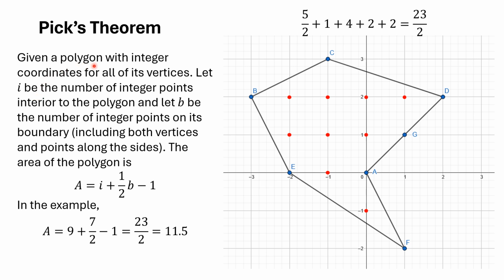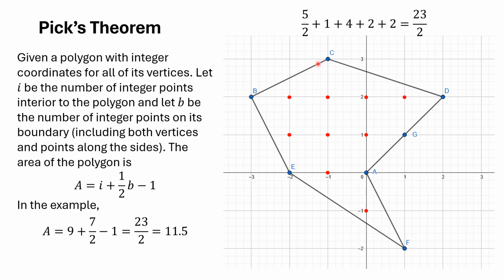The polygon needs to have all its vertices at integer points, at lattice points, which is the case for our example here. And in that case, we let I be the number of interior integer points. So the red points in our example, these are each at a lattice point, and B be the number of integer points on the boundary.